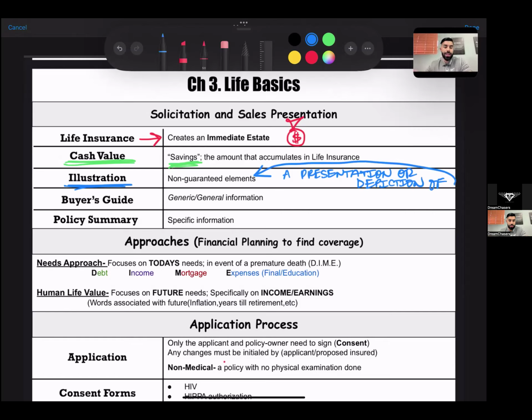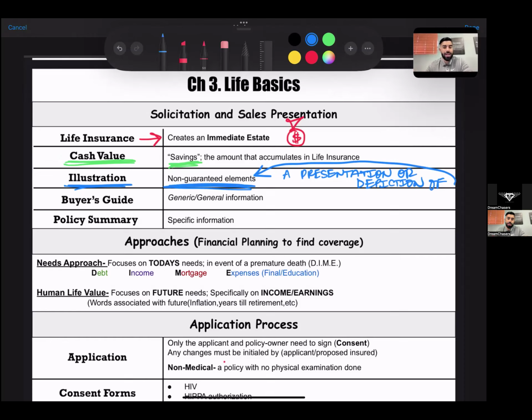On the test, they may ask what is an illustration, and in one of the answers, you may see the word presentation, and in a separate answer, you'll see the word depiction. It can be either one of those answers, but it is whichever one has non-guaranteed in the same sentence, because it is a presentation or depiction of non-guaranteed elements of a contract.